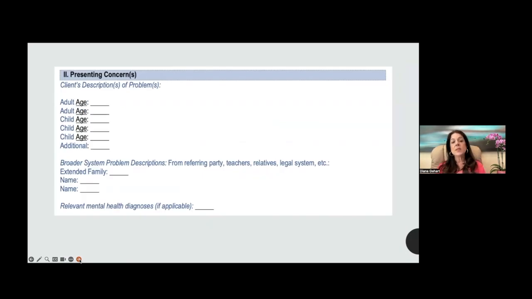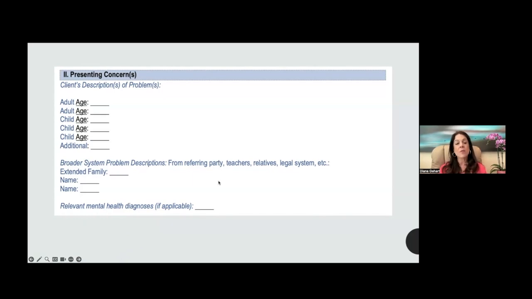And then in terms of presenting concern, I encourage you to get the description, even if it's all your client's perception of what their parents or significant other are telling them their problems are. Even with couples, what their partner says their problem is is always useful information.